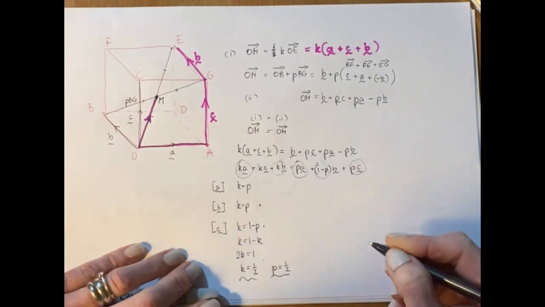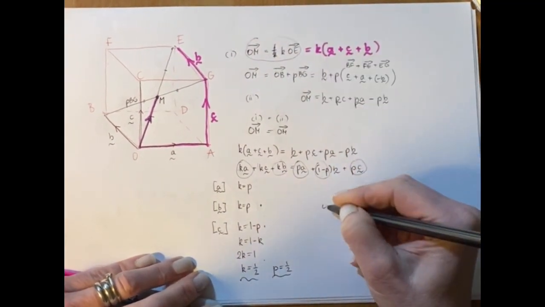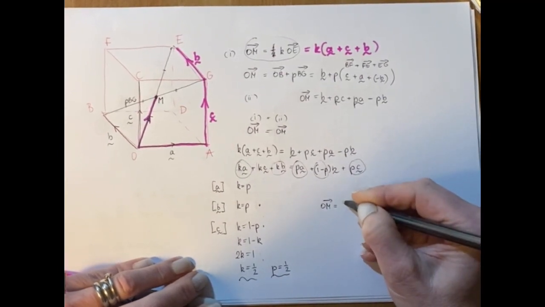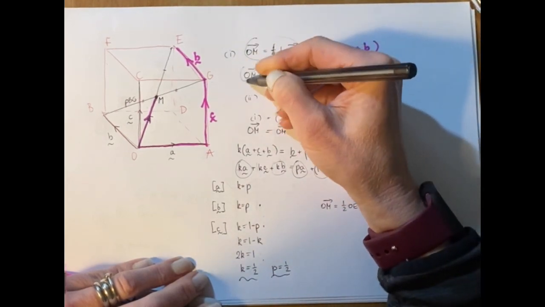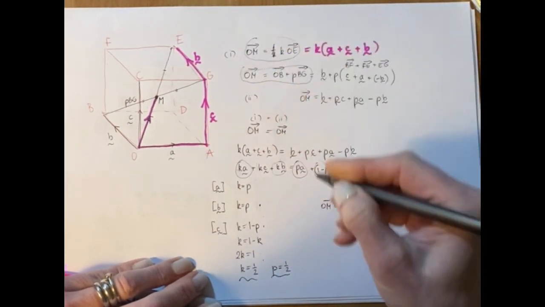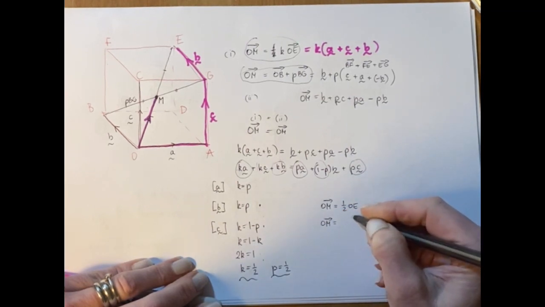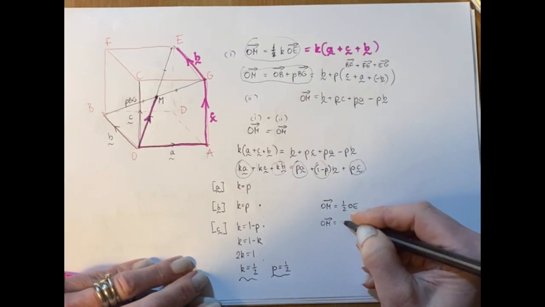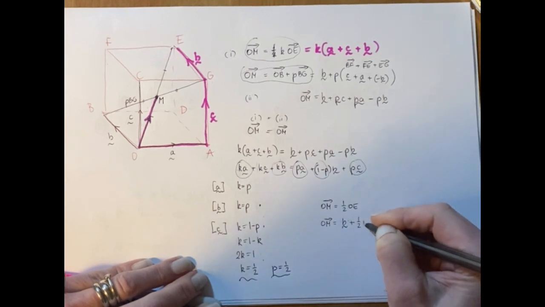And what does it show me? It shows us that OM must be equal to a half of OE. And also OM from this is equal to OB, B, plus a half BG.